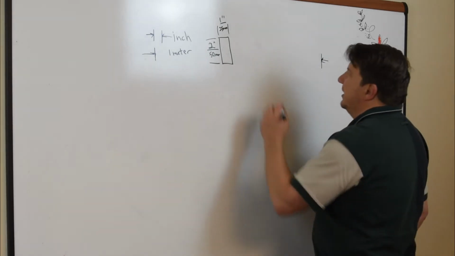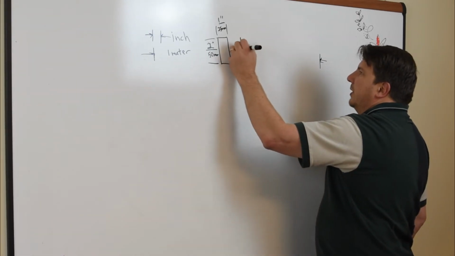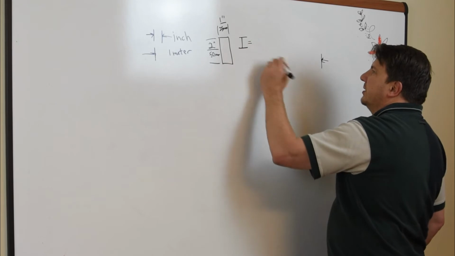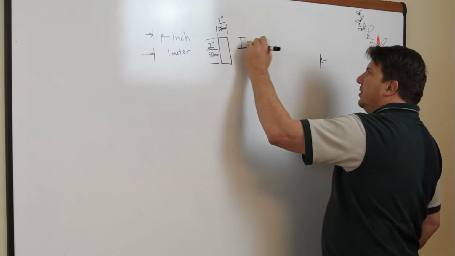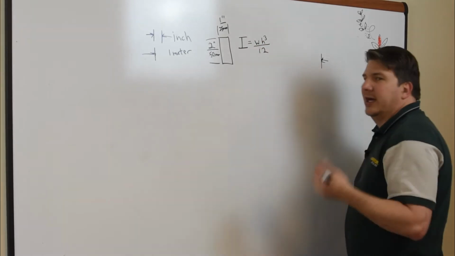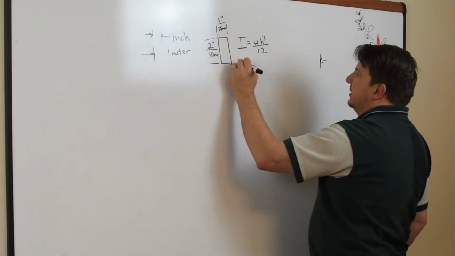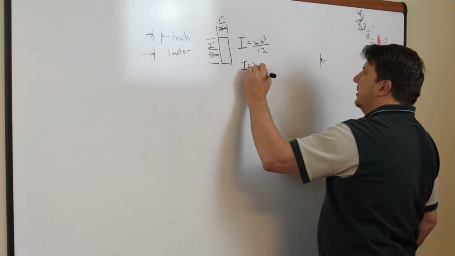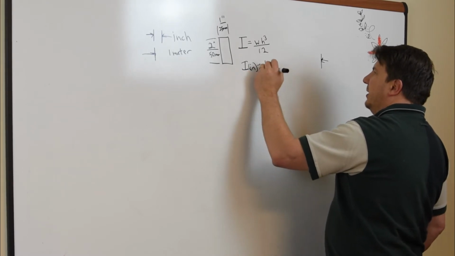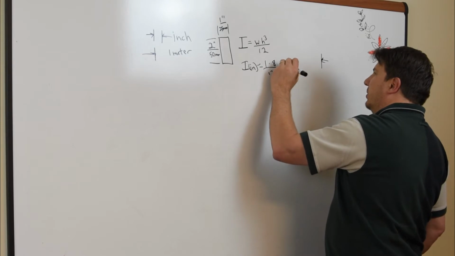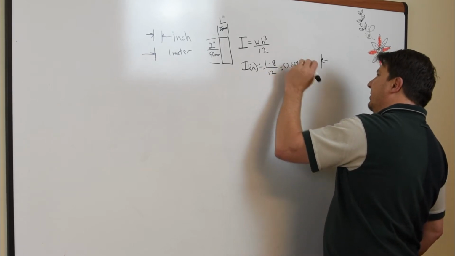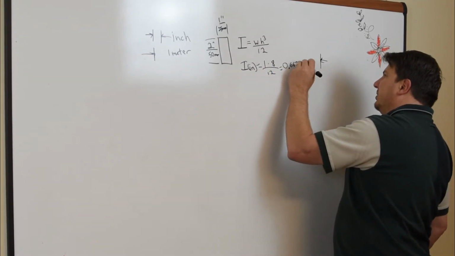So if I calculate the area moment of inertia, that is width times height cubed over 12. If I do this in inches, I'm going to get 1 times 8 over 12, or 0.667 inches to the 4th.